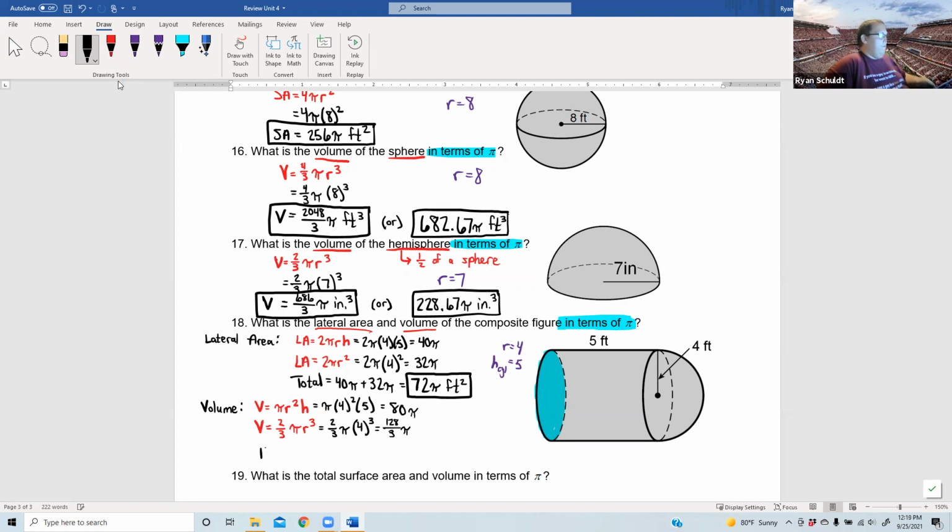So to get the total volume, you want to add them up. 80 pi plus 128/3 pi. You add those up and leave it as a fraction, you would get 368/3 pi feet cubed.